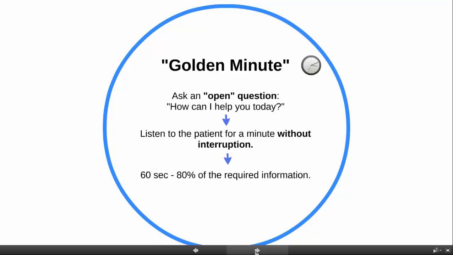It is evidence-based that during 60 seconds, 80% of the information which patient wanted to tell you can be told. You can take it into consideration or not, but you will understand what is the main complaint of the patient, what does he think about the reasons of the disease, and what did he take during this time of disease.